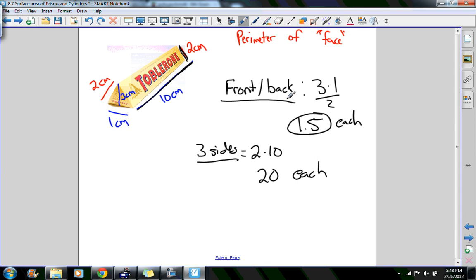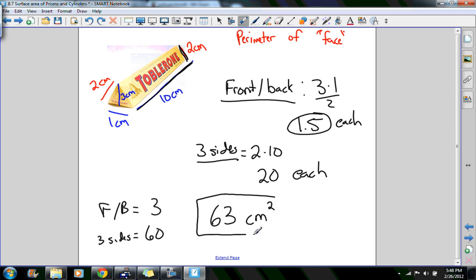Now there are 2 front and back. Therefore, the front and back is going to be 3. And there are 3 sides. So they're going to be a total of 60. Therefore, the entire surface area of this figure is going to be 63 centimeters squared because it's surface area.